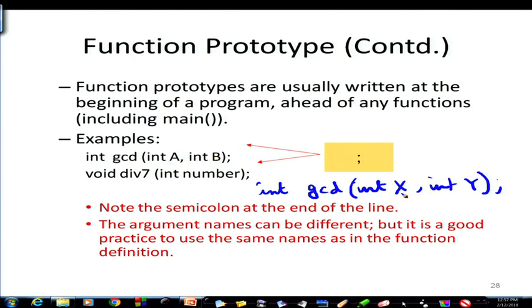Now, actually I can change the name of the place, but that is not that important. Usually it is better if we can keep both of them the same. Okay.